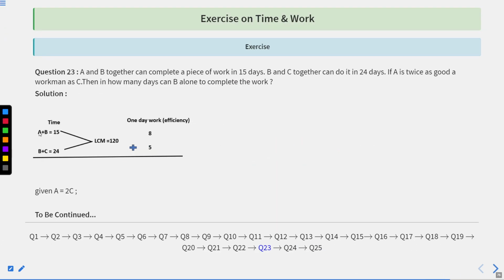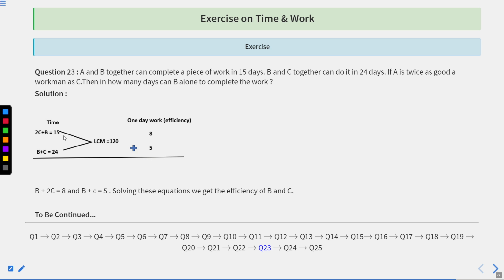So A plus B combined do it in 15 days. B and C combined do it in 24 days. So the total work is 120. In a single day, A and B do 8 units of work, and B and C do 5 units of work. And it is also given that A is equal to 2C.